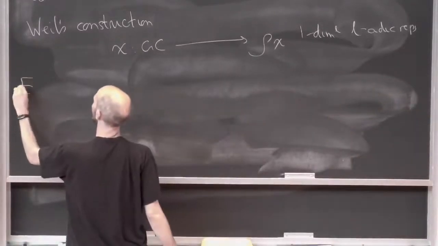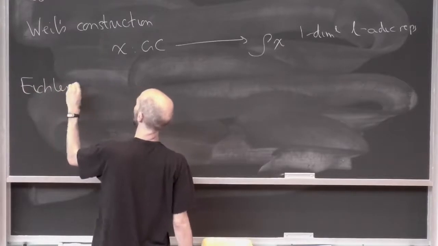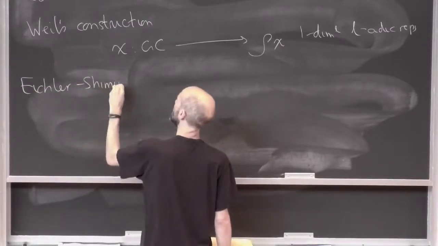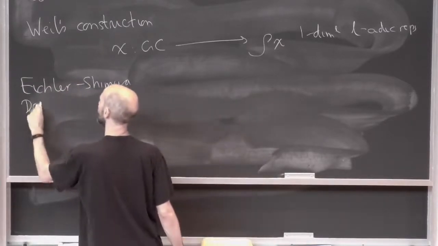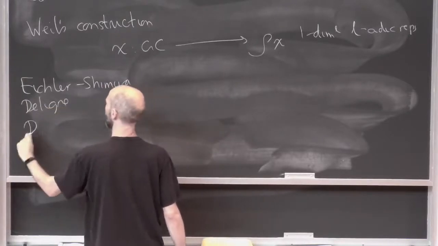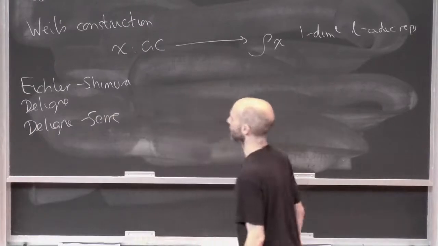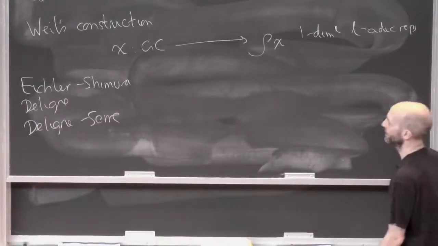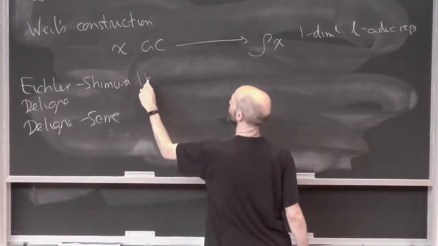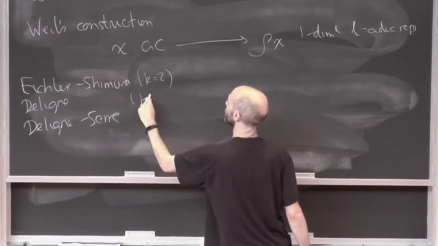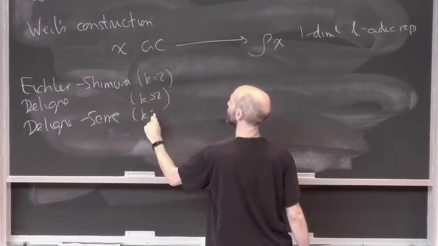I mean, Eichler and Shimura. And Deligne. And Deligne-Serre. So that's the full attribution of the thing I'm about to tell you. So this is for k is 2, and this is for k bigger than 2, and this is for k is 1.